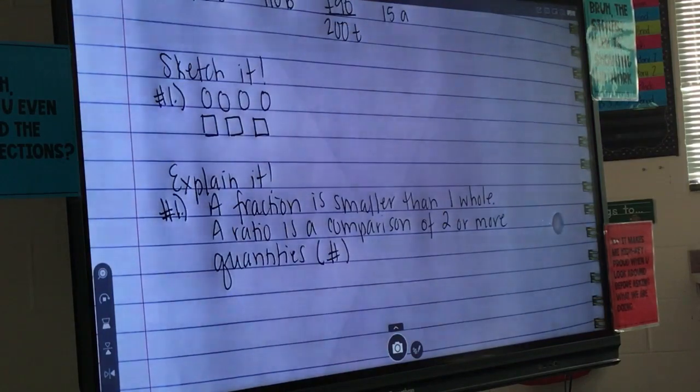So you're going to take your notebook, your iPad, and your pencil with you to each station. At the end of the rotations, you are going to take a picture of your notebook and submit it to Canvas. That is how you're going to get a grade for your stuff today.